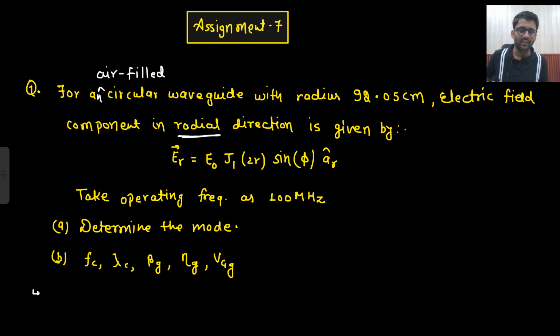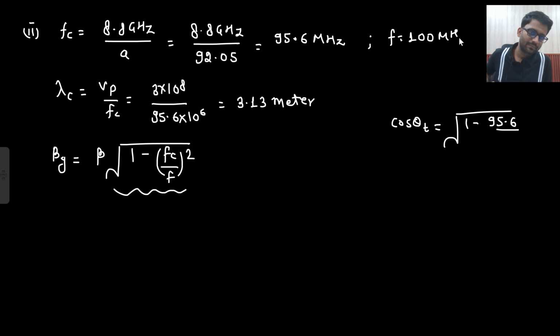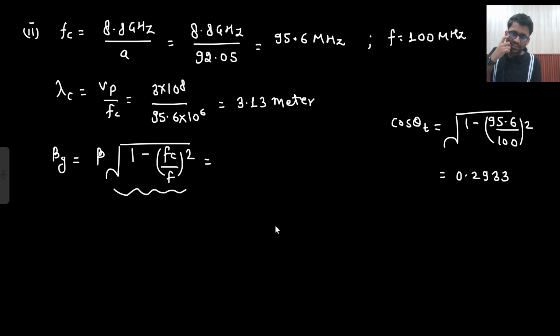Operating frequency is given as 100 megahertz. So this is 95.6 divided by 100 whole square, 1 minus that, under root, which is 0.2933. So this factor is 0.2933.